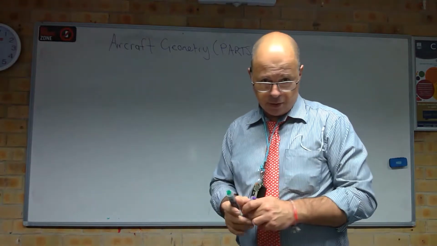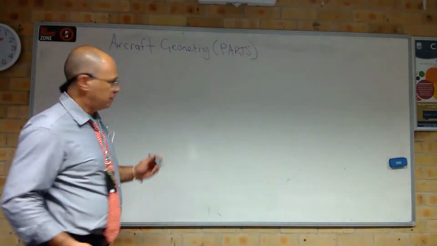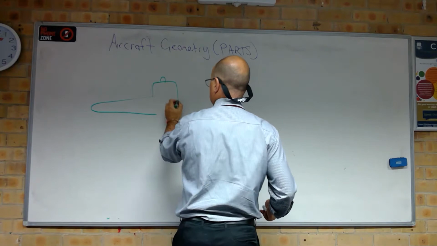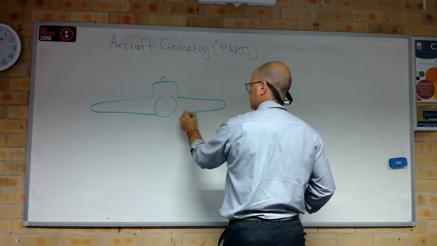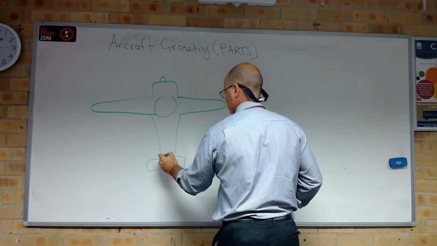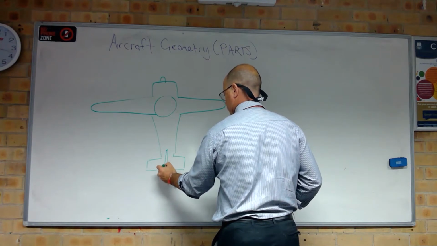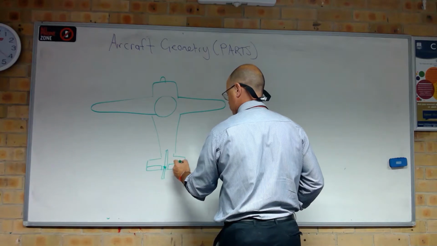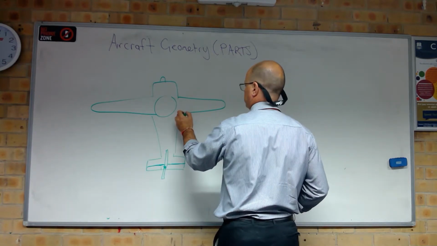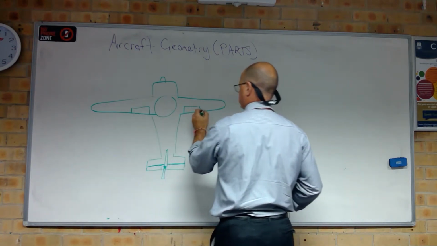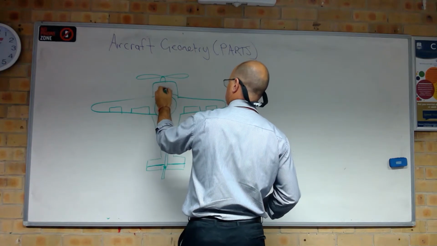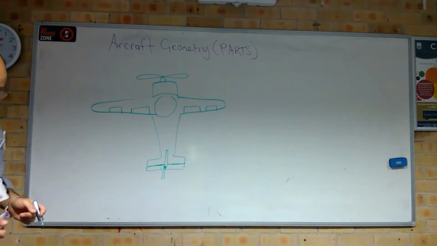Okay, so aircraft geometry. So we can draw an aircraft probably in top view to show a lot of the parts. Okay, top view of an aircraft.